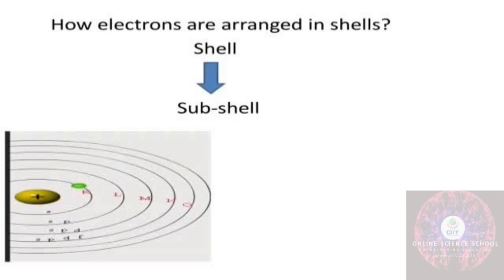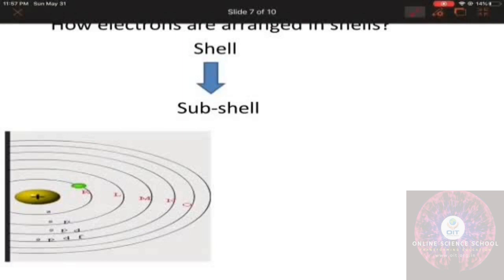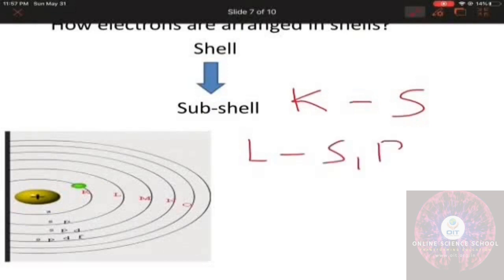When we look into the diagram, we can see that the K shell contains s subshell. L shell has s, p subshells, and M shell has s, p, d subshells.